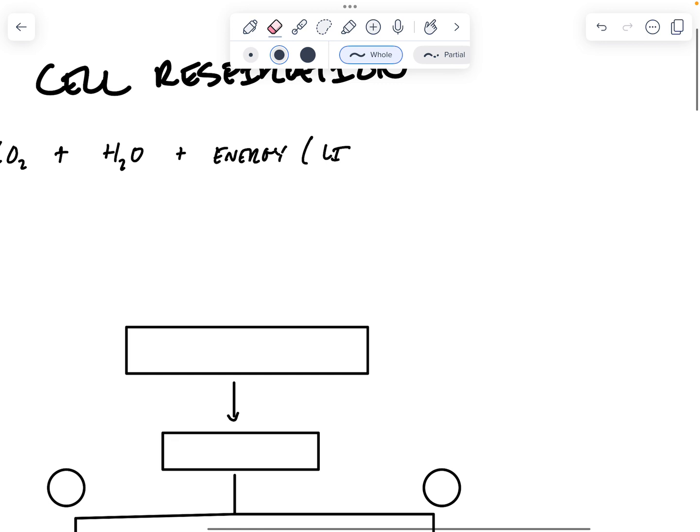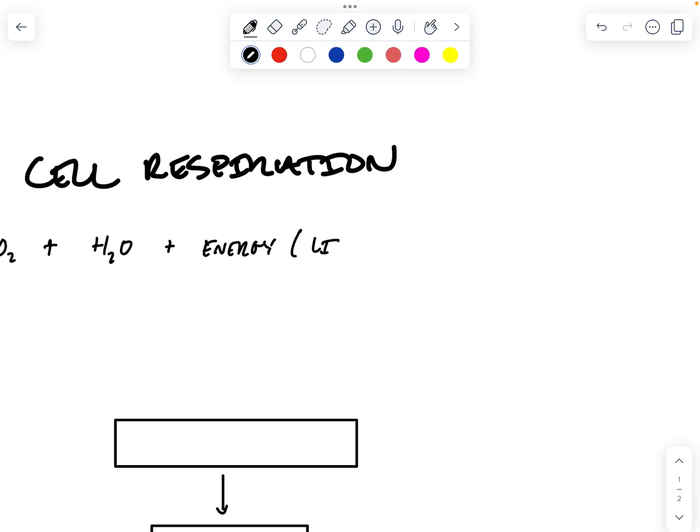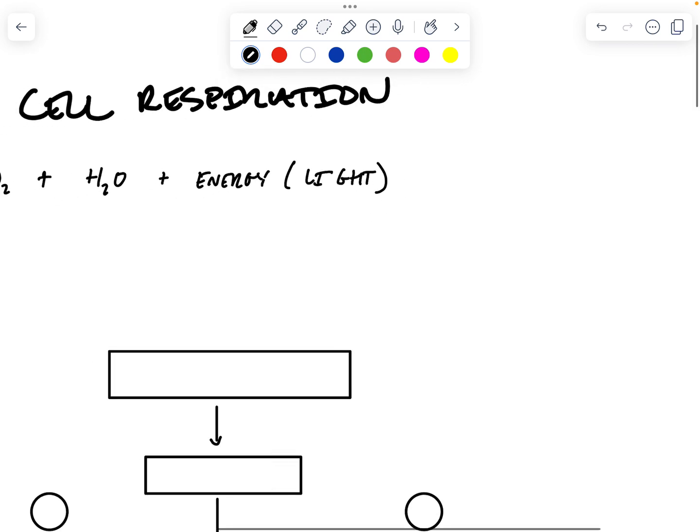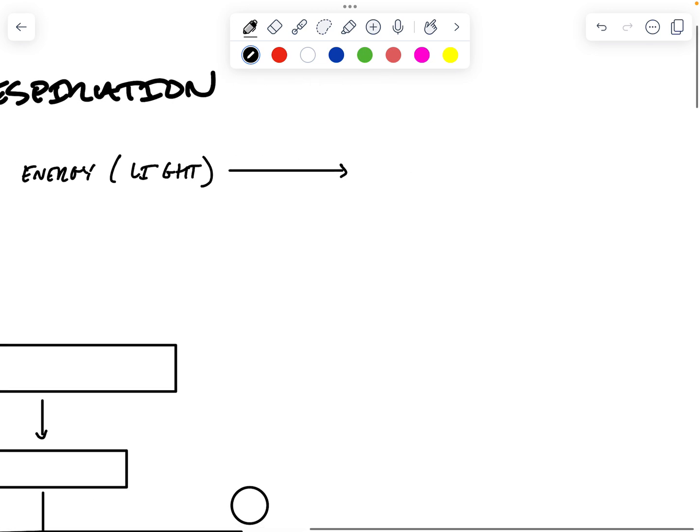Energy in the form of light energy, and then you're going to use that to make glucose, C6H12O6, and oxygen gas, which is a waste product.